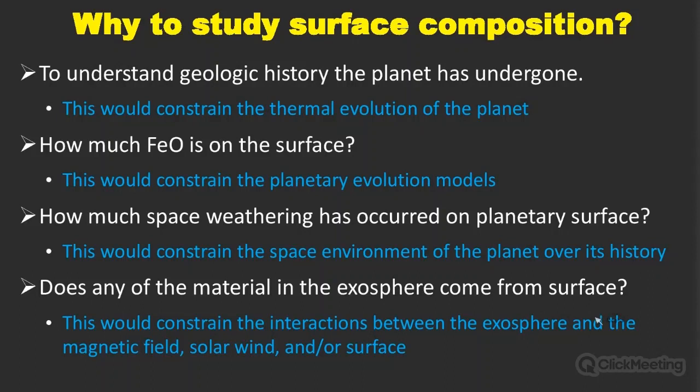So this would constrain the interaction between the exosphere and magnetic field, solar wind, and or surface. So it's very important to understand the exosphere or surface atmosphere interaction processes to understand the overall evolution of a planetary body. And these are the main reasons why we want to study surface composition.